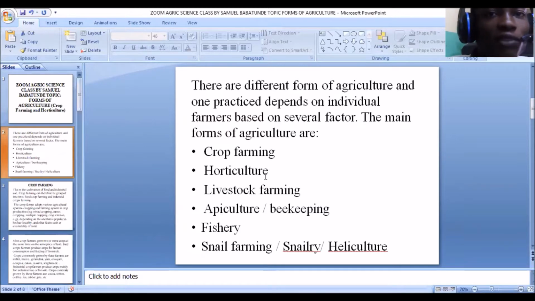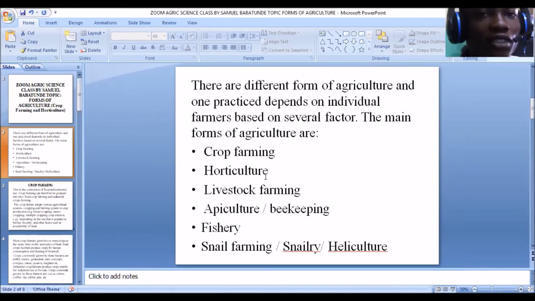Remember, in our previous class, we talked about the types of agriculture, subsistence agriculture and commercial agriculture. Subsistence agriculture involves agricultural activities just for family consumption alone, while commercial is on a large scale for business purposes.